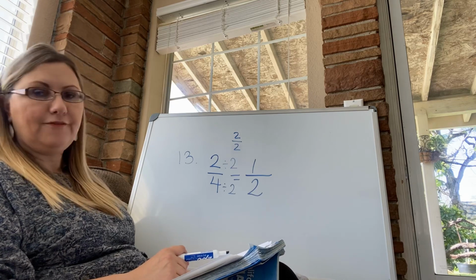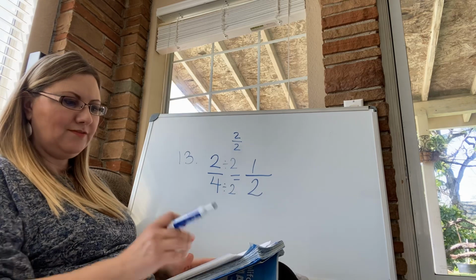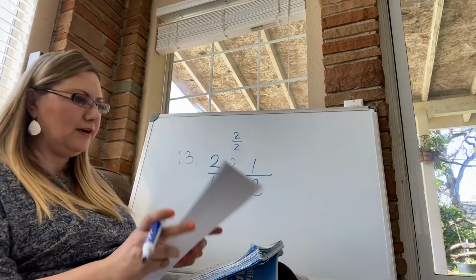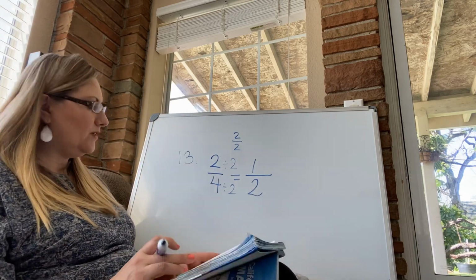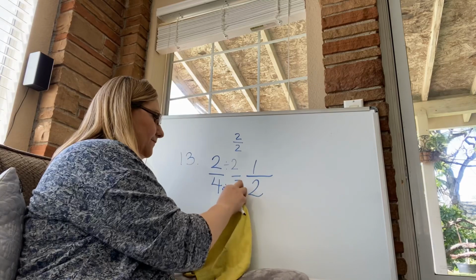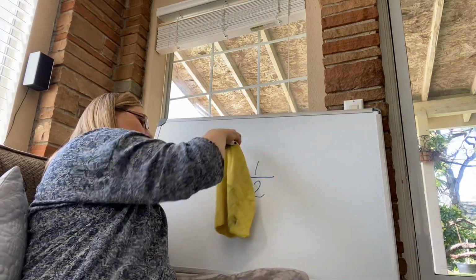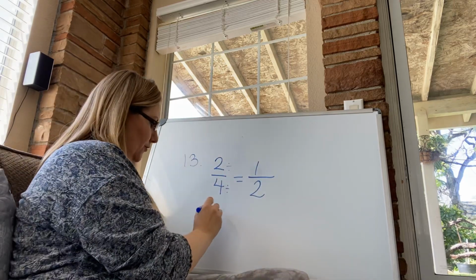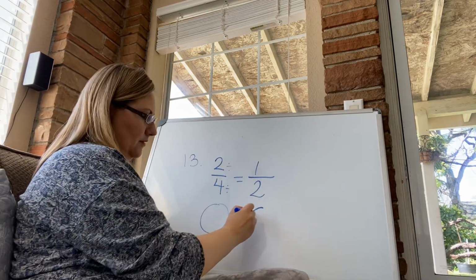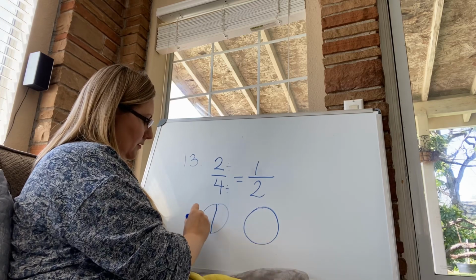But you have to be careful. That's not today's lesson. That's a little bit ahead. But for those of you that like a challenge and like to know more, I just wanted to show you that little trick. What we want to see on your paper right now is a circle and another circle, 2 congruent circles.